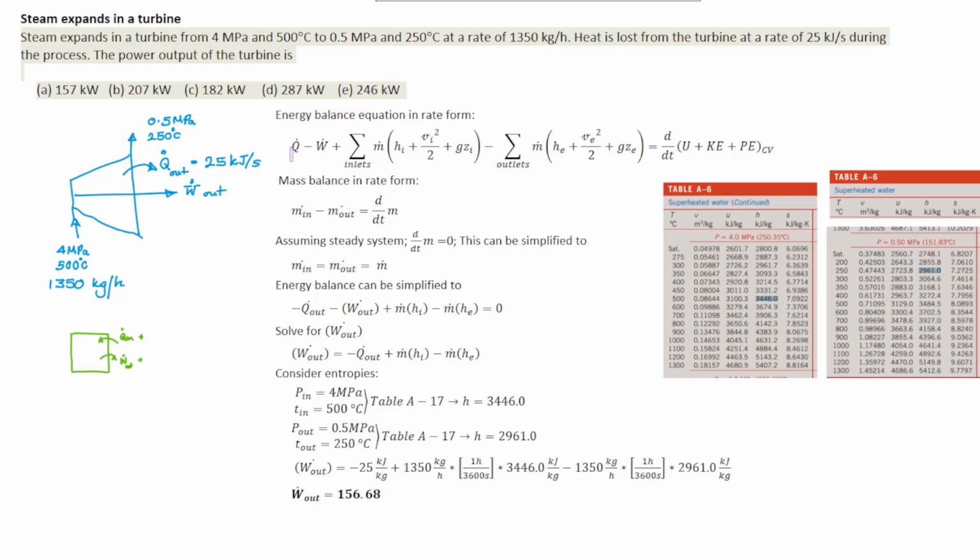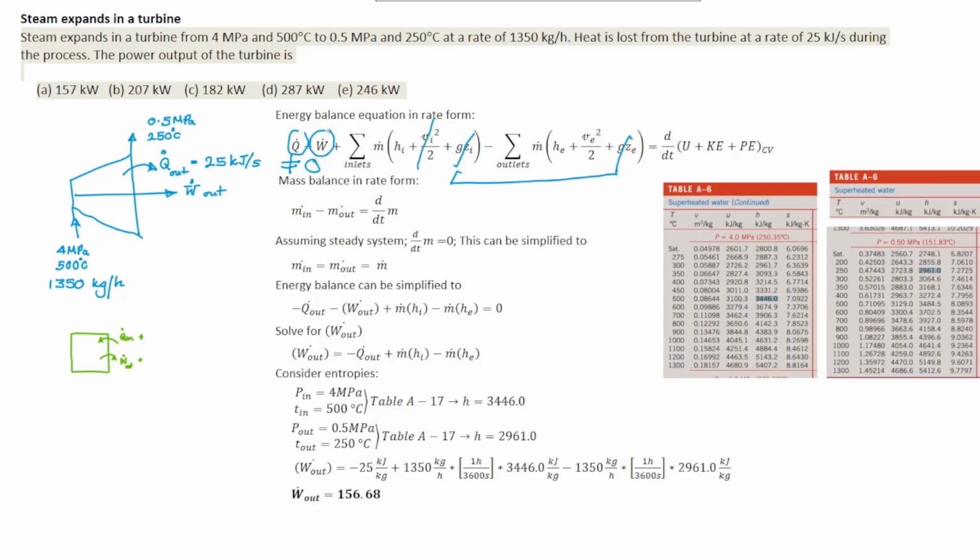In our energy balance, we know that Q and W are not going to be 0, because Q is given and we have to find W. But this is a small device, so the potential energy at the inlet and outlet cancels out.